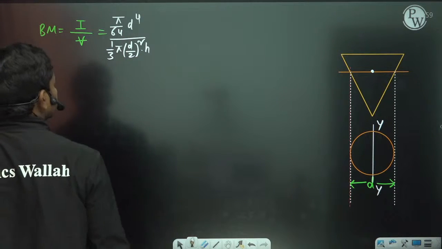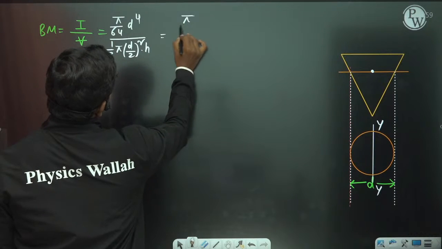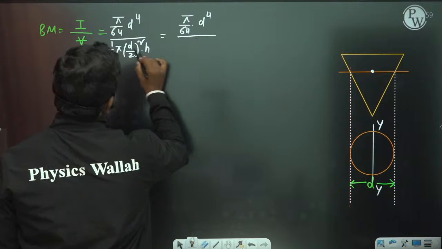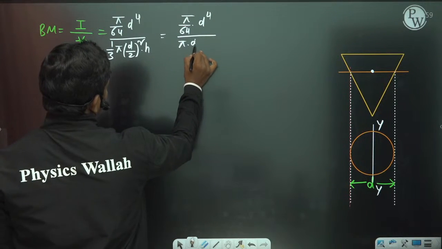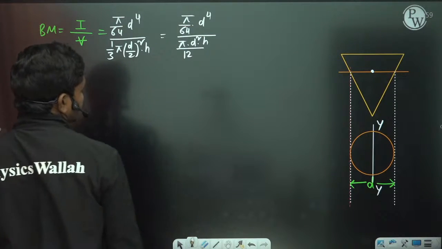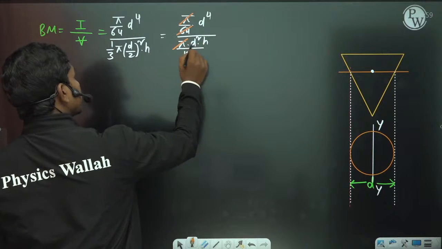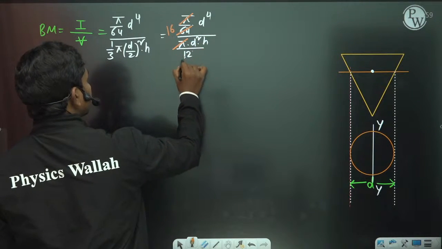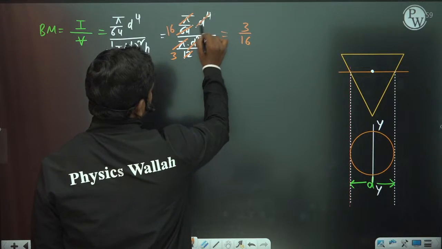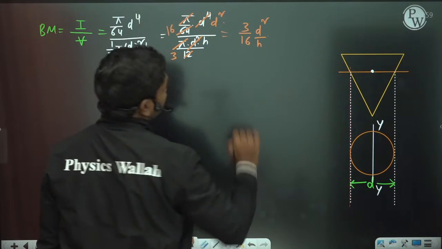If you simplify, we get pi by 64 times d power 4 divided by pi d square h by 12. Pi gets cancelled, and 4 sixteens are 64, 4 threes are 12, so in total 3 by 16 times d square by h. This is the value for the cone.